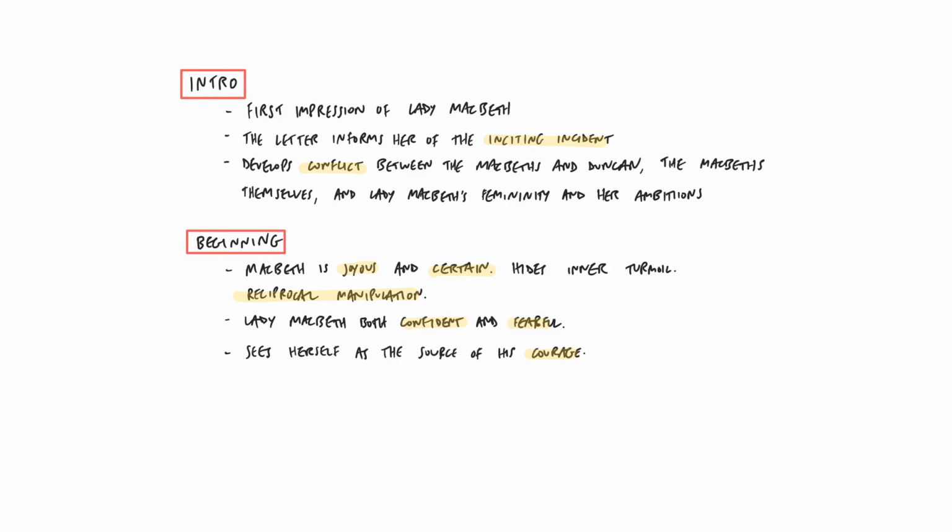Lady Macbeth responds in a way that is both confident and fearful. She's confident that what the witches have prophesied will in fact come true, yet she is fearful that Macbeth lacks the character traits necessary to achieve this by the nearest way. So she sees herself as the source of his courage, saying that her power is in her words.